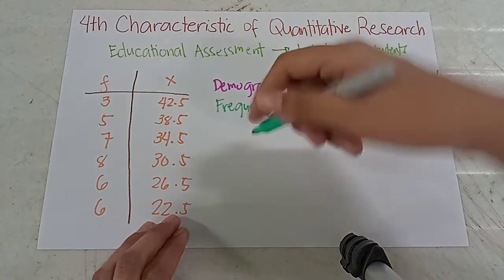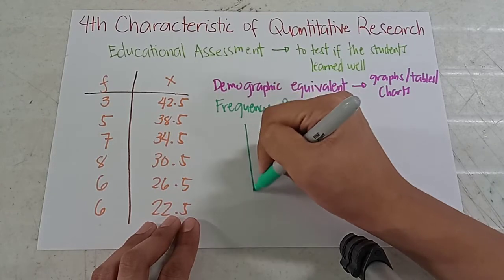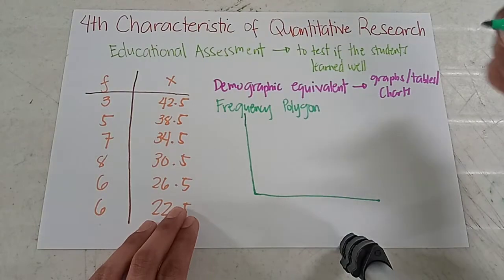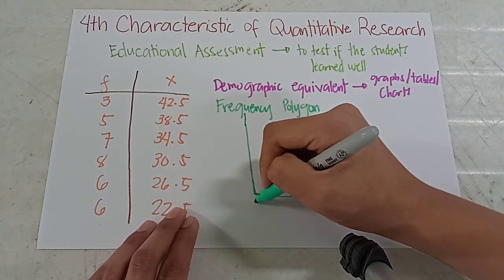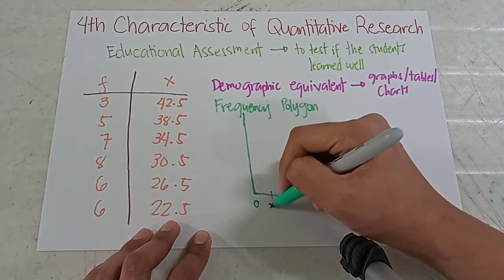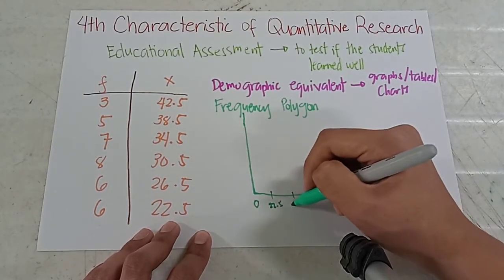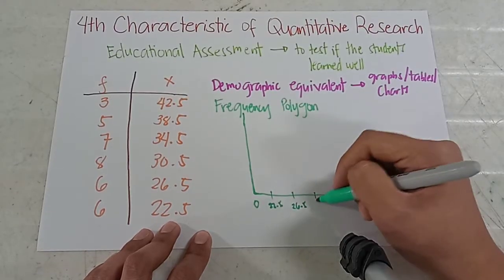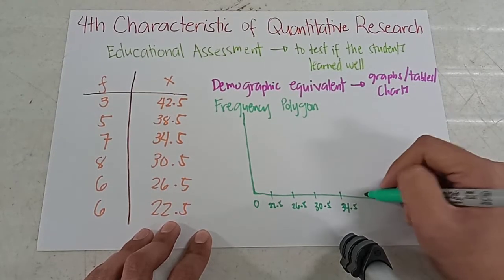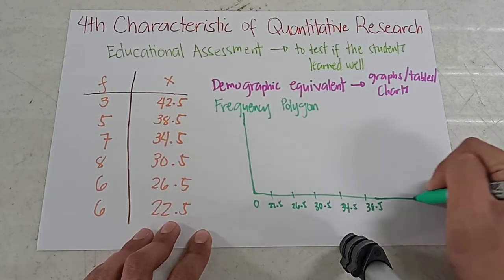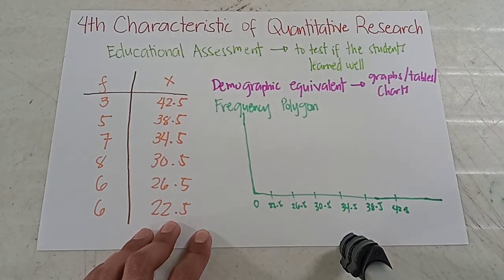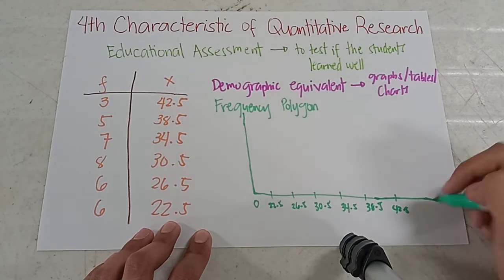So let us have the x and y axis. In the x axis, we plot our cumulative scores, starting from 22.5, then 26.5, 30.5, 34.5, 38.5, then 42.5, and then another equivalent of 46.5.